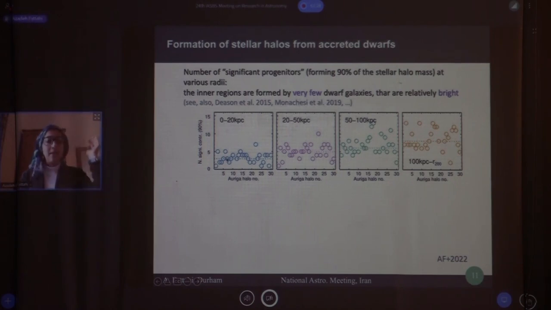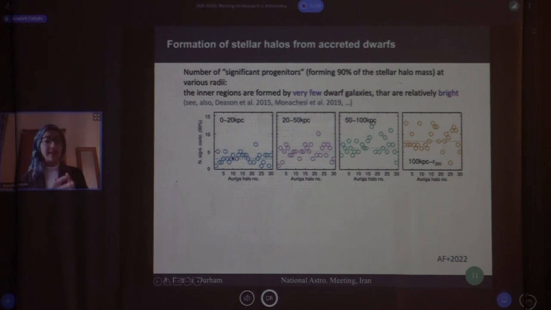This is compiling all these 30 Auriga halos. The x-axis is Auriga halo numbers. They're just different halos. I compute how many progenitors we need to build up most of the mass in that radial bin. In the previous case, we saw one or two were important, but here we see that this is true in most of these Auriga halos. You go from 1 to maybe 5 at max for forming the inner bits of the halo.